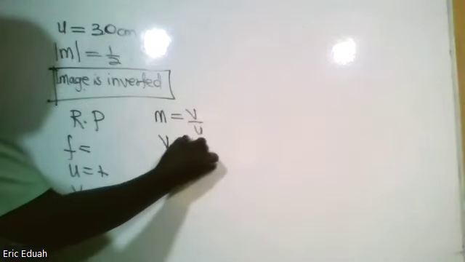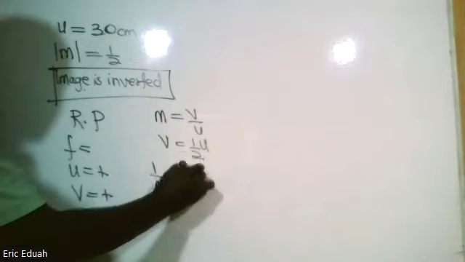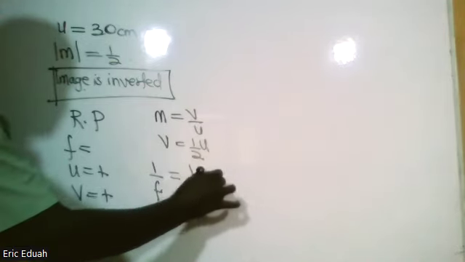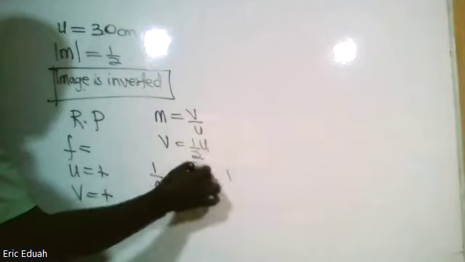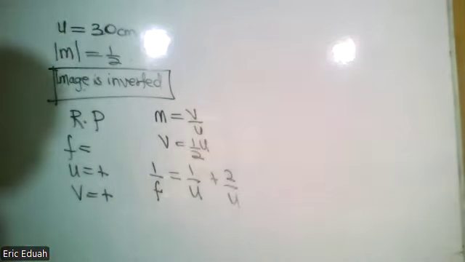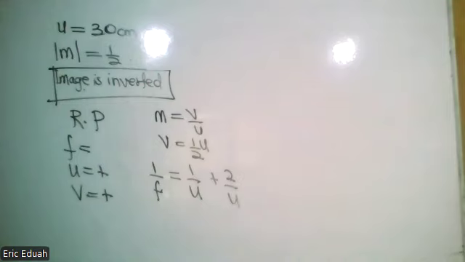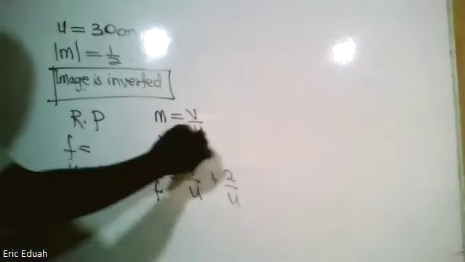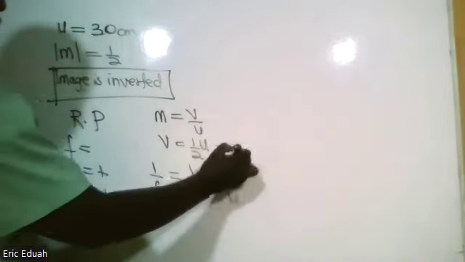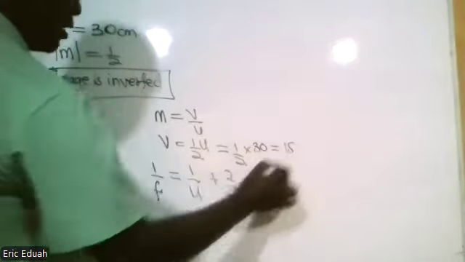Therefore, V will be equal to half U. And so 1 on F would be equal to 1 on U plus 1 on V, which is 1 on 2U. And U is 30 centimeter. Then V will be equal to half of 30, which is 15.